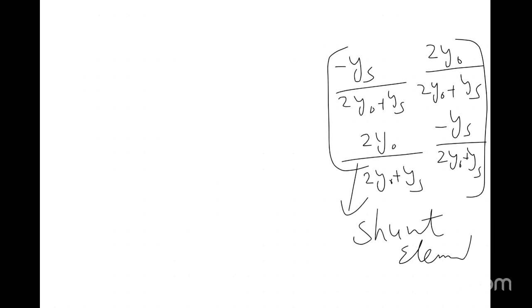Similarly, we will calculate the scattering matrix for the series element. So what is the difference between the shunt element and the series element? In the previous diagram we just discussed, the impedance is connected in series, so that diagram represents the shunt element.